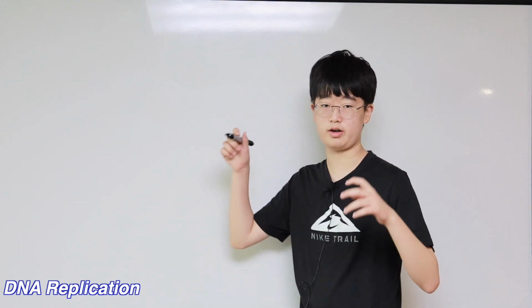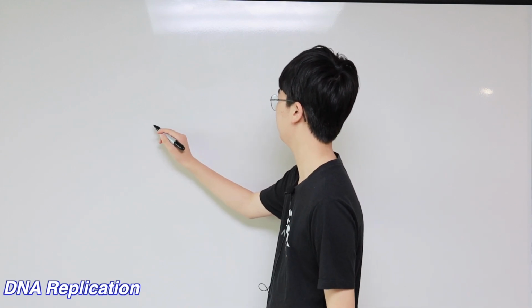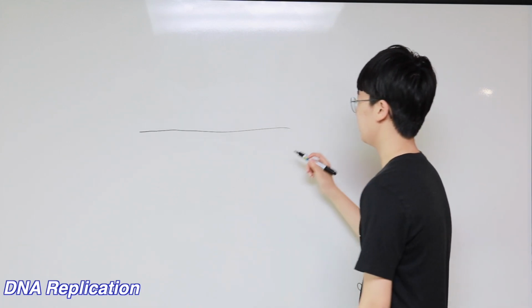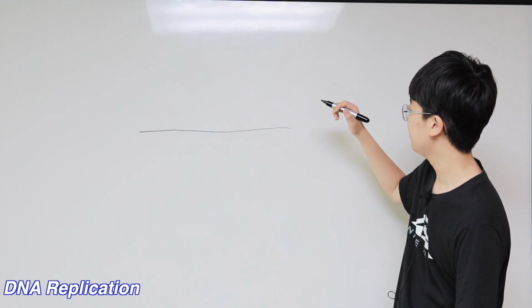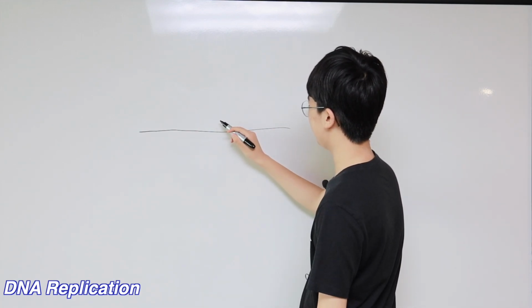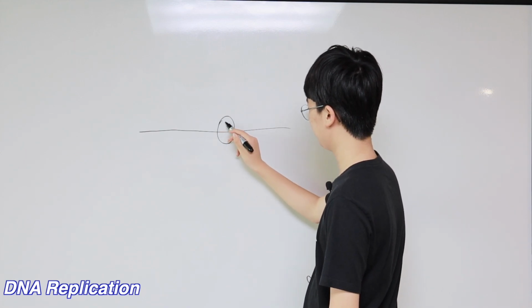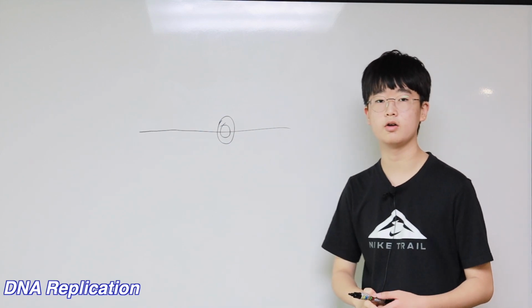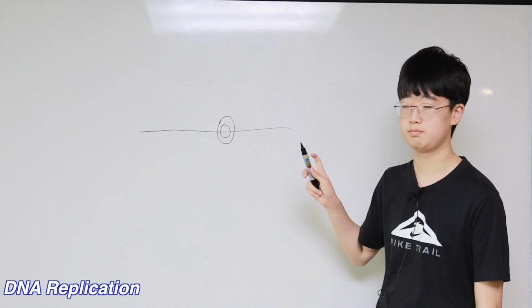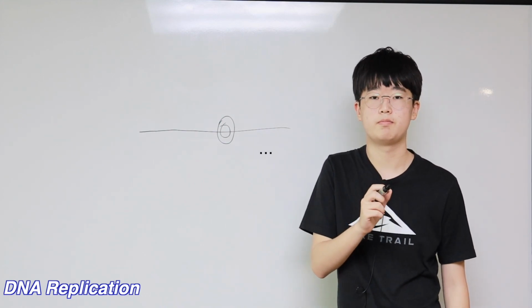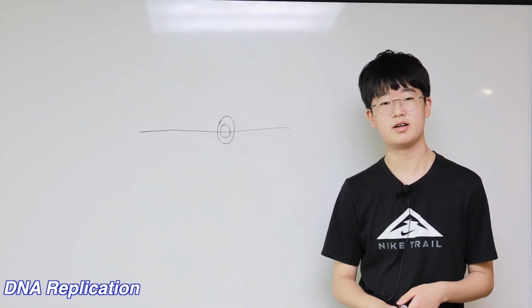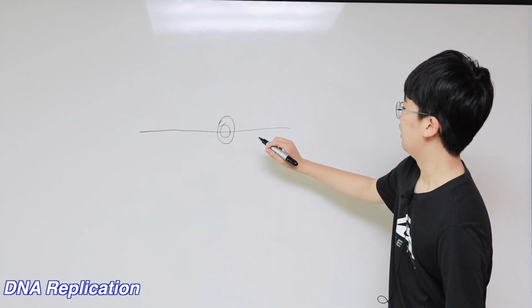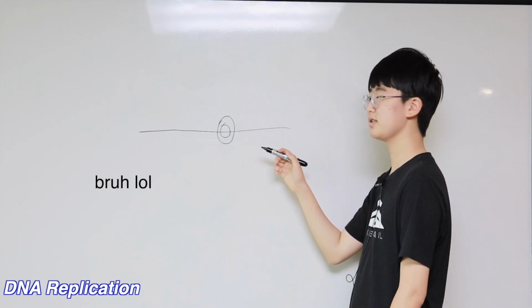Now, about some more proteins. There are a lot of proteins used in DNA replication, and let's say this is a single strand of DNA that has been unwound by the helicase from the original DNA, and there is a tubular sort of protein that is called a sliding clamp protein. In mammalian cells, is that right?